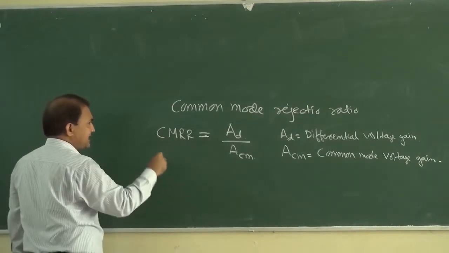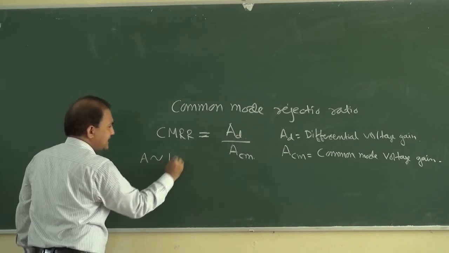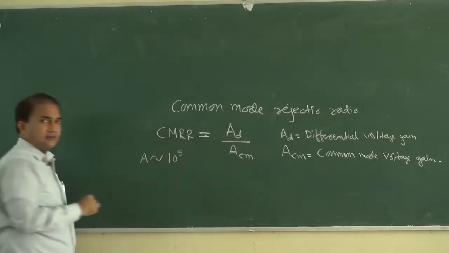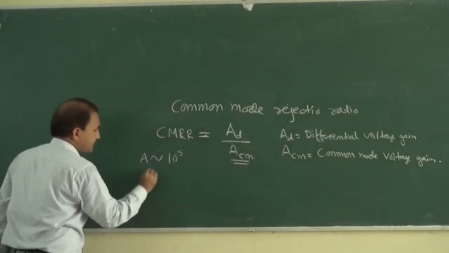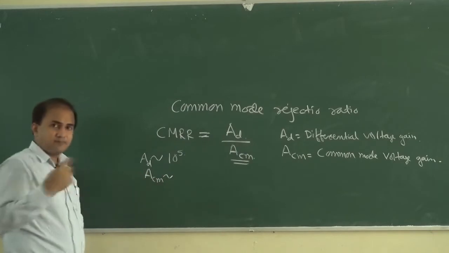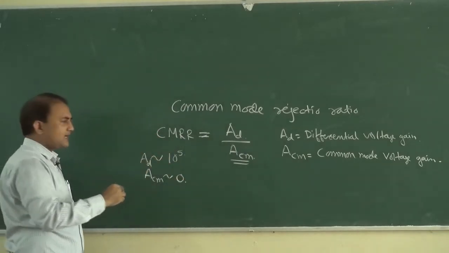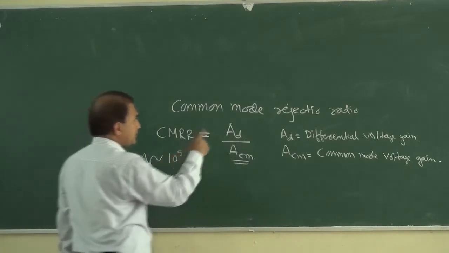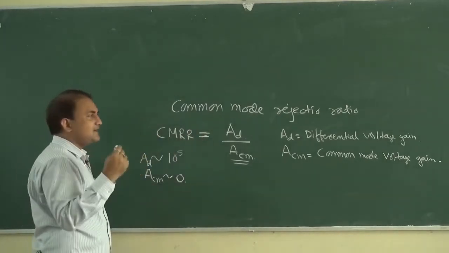AD, its normal range is 10 to the power 5. And ACM is very small. In ideal case it is equal to 0. So common mode rejection ratio in ideal case is infinite.